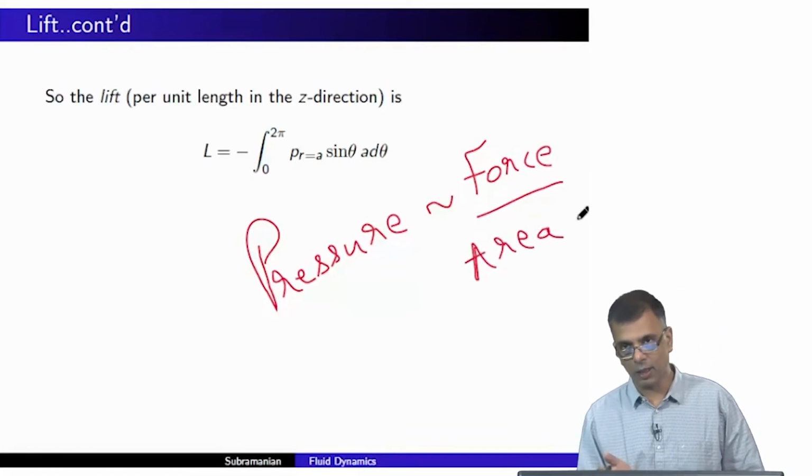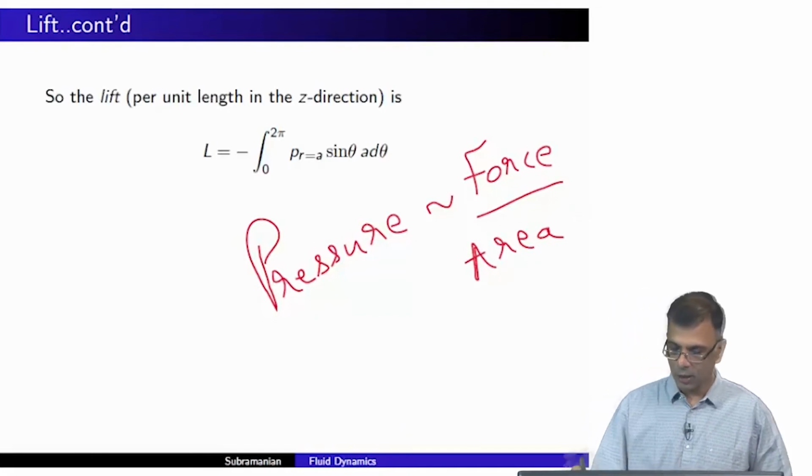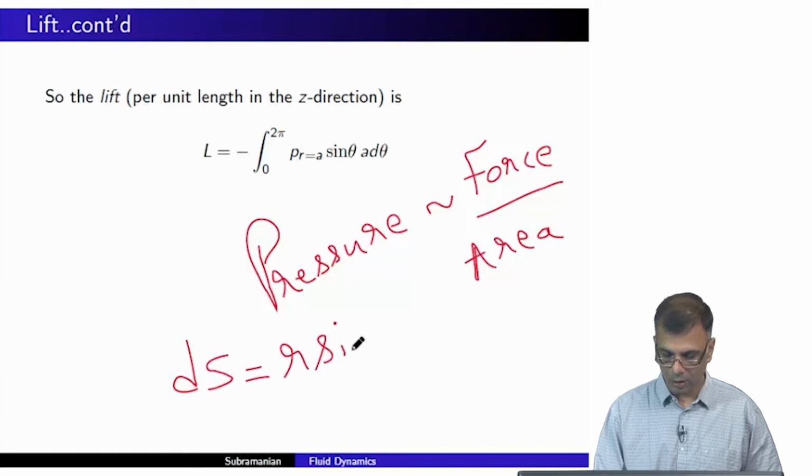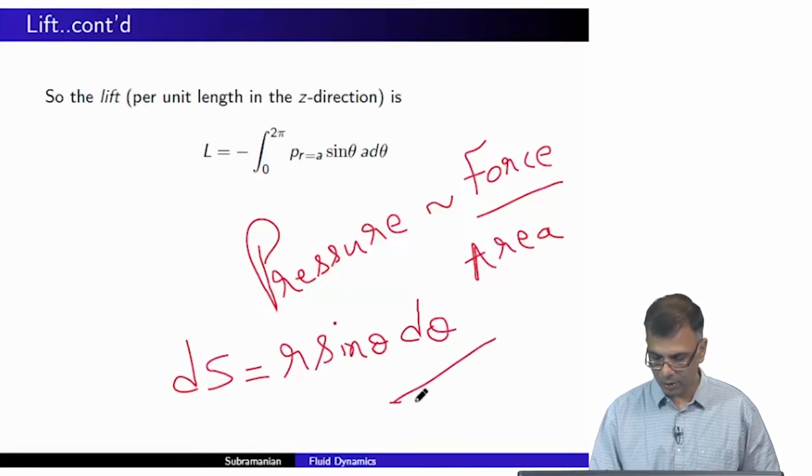And in spherical polar coordinates, what's a differential area? A differential area is something like r sine theta d theta. That just comes from this.